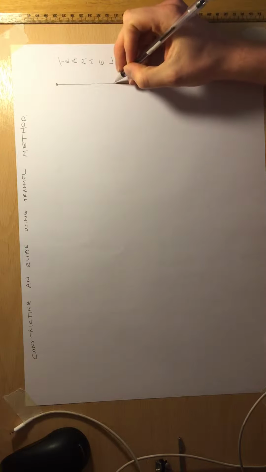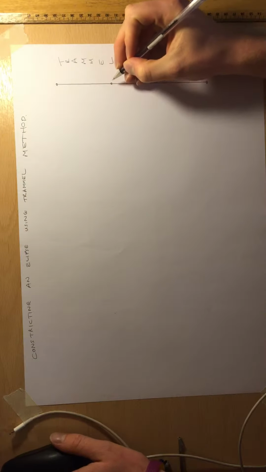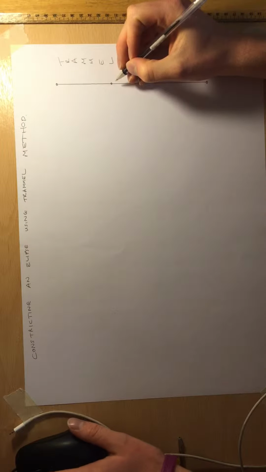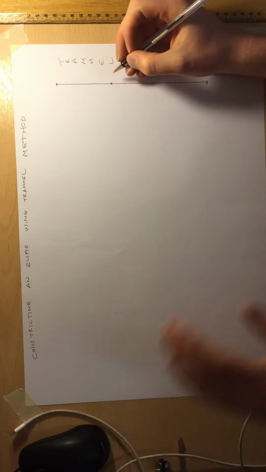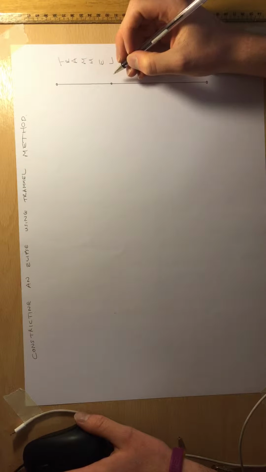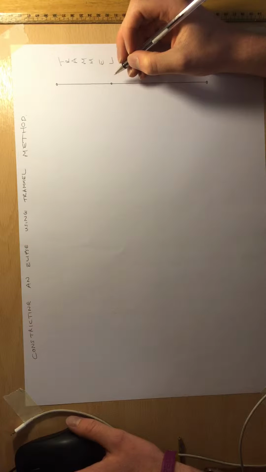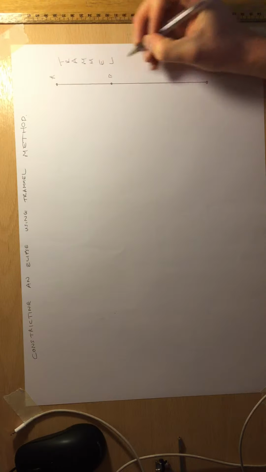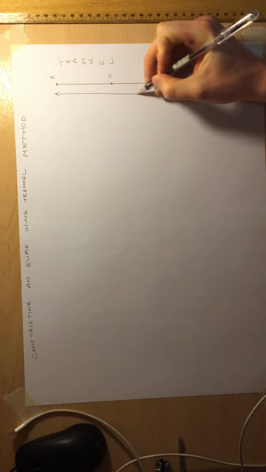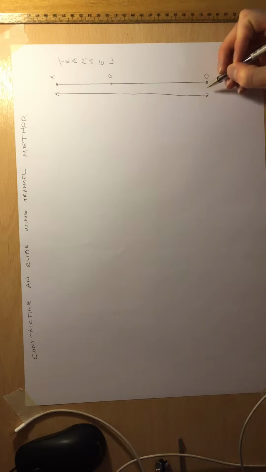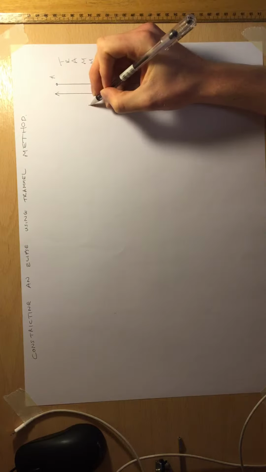We will label these O, A, and B. So, we've A, B, O. So, the first distance, A to O, is representative of our major axis.